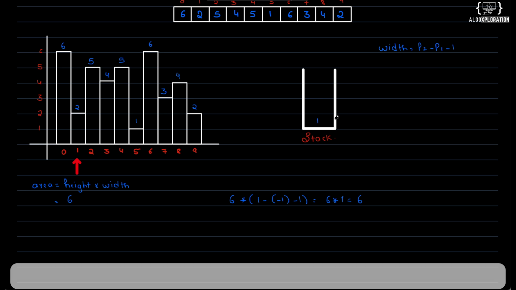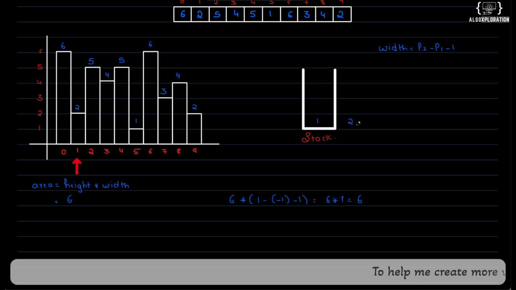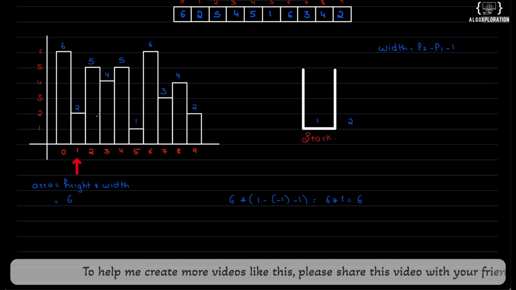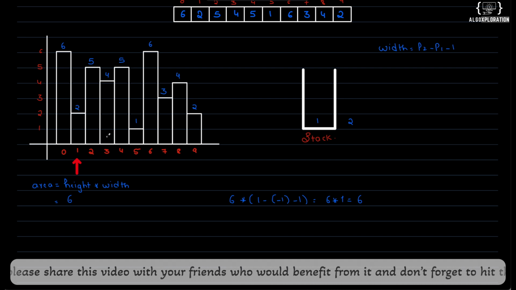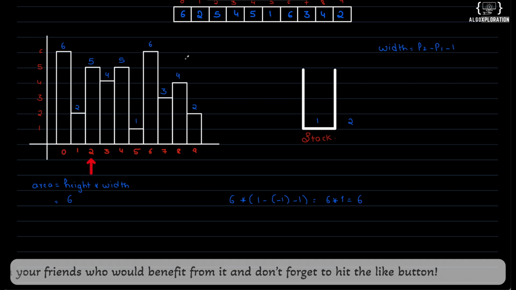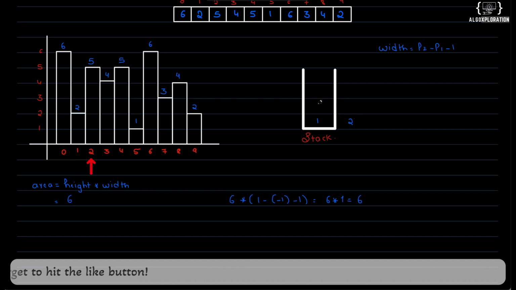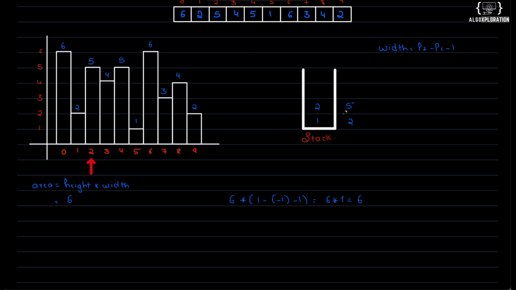So 1, the value is 2. Now I don't have any next smaller element for this, so I'll just simply move forward. Now I'm pointing at index 2, in which the value is 5 and the index is 2. Over here also I don't see any smaller element, so I'll move forward, in which I'm pointing at index 3.